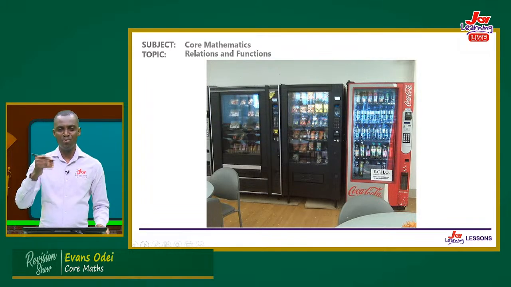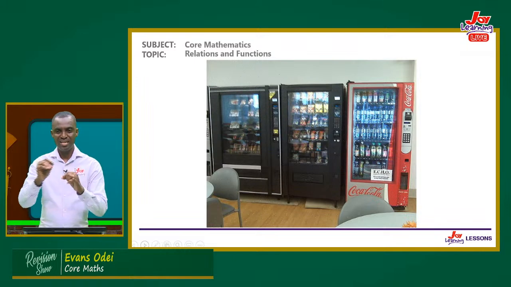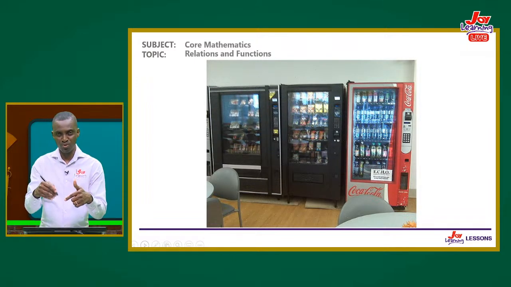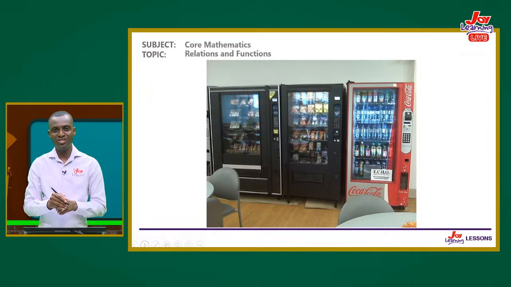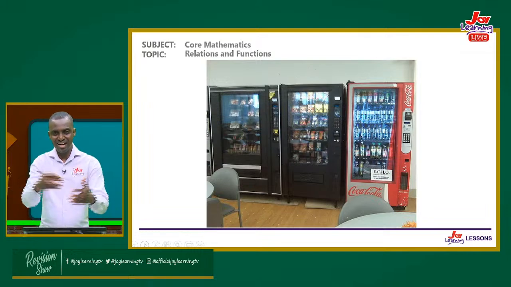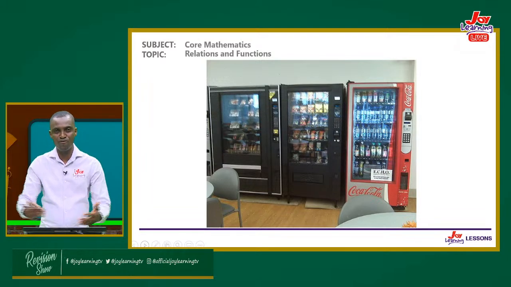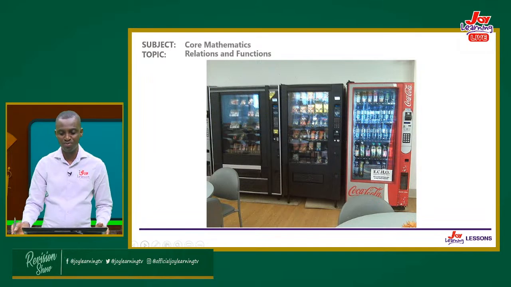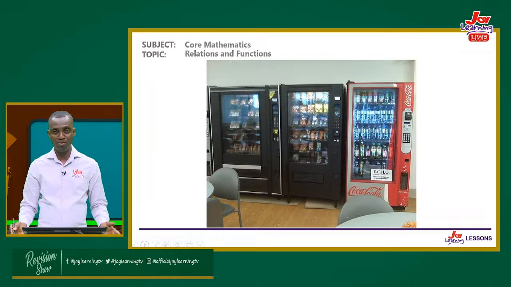Then the machine processes the denomination and says, okay, per this input you've put in, this is how it's going to relate. That's how it's going to function. This is going to be your output. Then it will drop maybe a product for you.